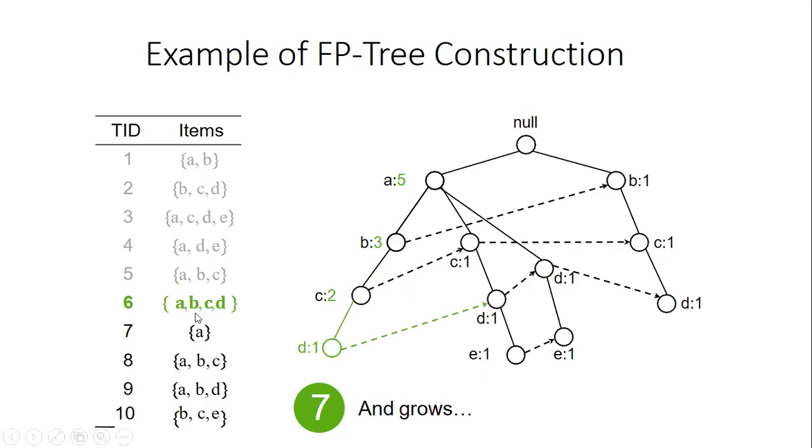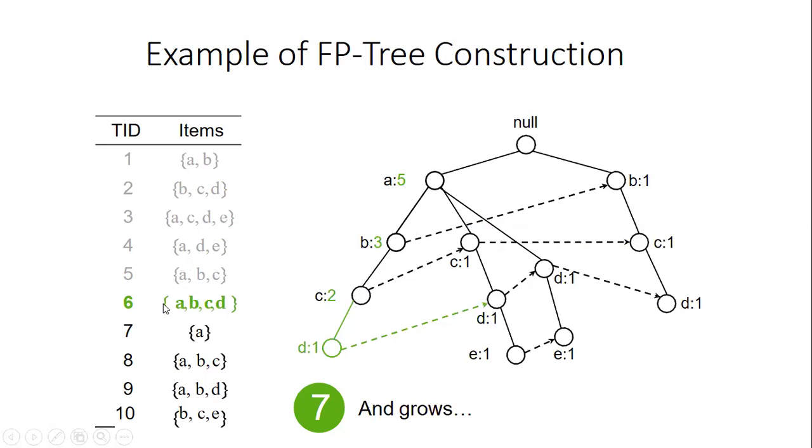If the prefix is the same, the branch will overlap. So the prefix is AB here, here also AB, so this branch only is followed. Then it has ABC here, ABC here, so this branch only is followed. But the counter will be incremented. A will be 5.